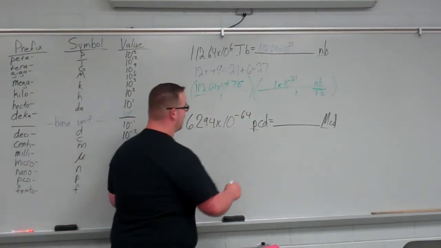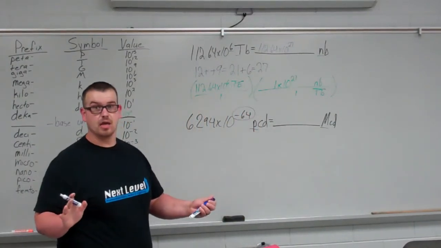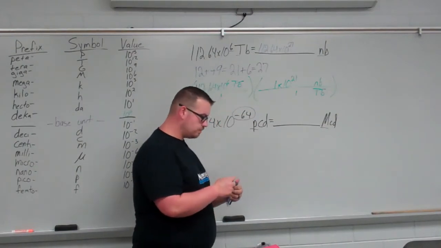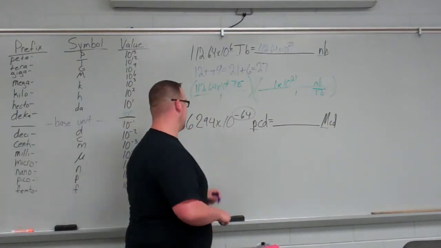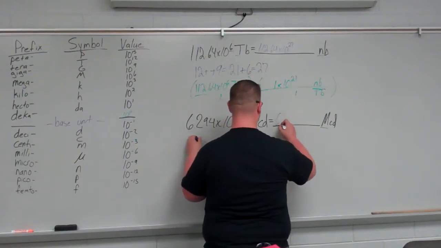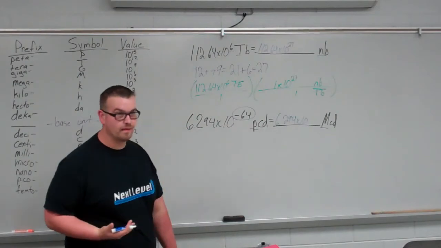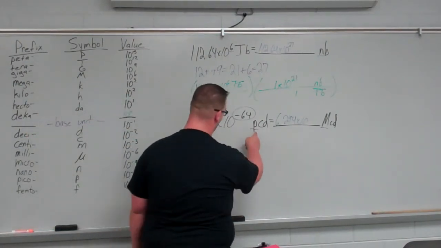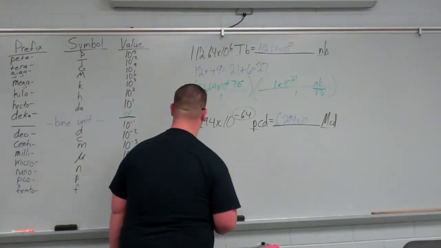You look and say, oh my gosh, that's a negative 64, Mr. Hall. That's big. Who cares? Follow the same steps as you did up here. So, go with how you've been doing. Write the number down. 6.294 times 10 to something another. Find something another out. So we're going to start here with pico. What's pico? Man, hopefully you're getting good at it.